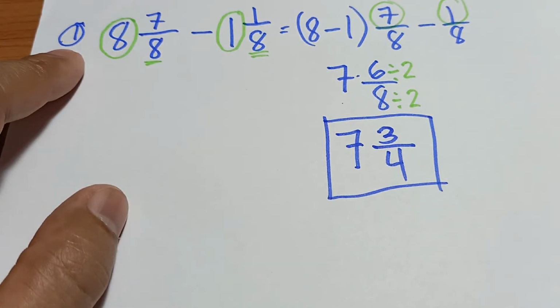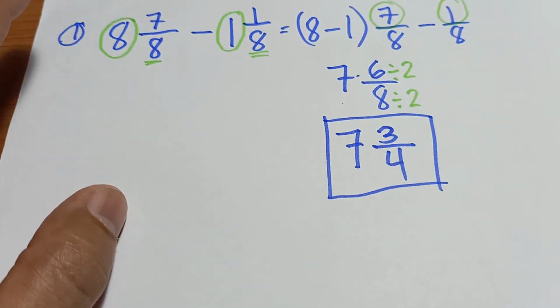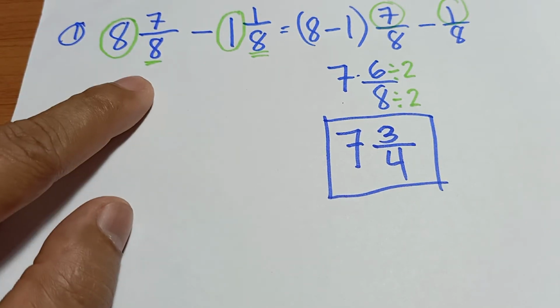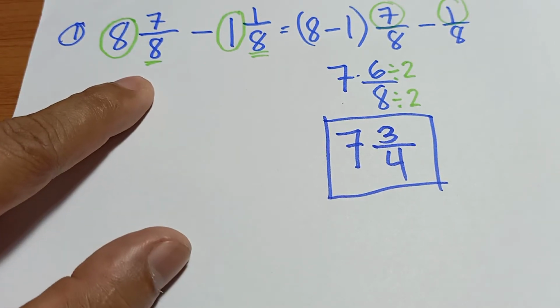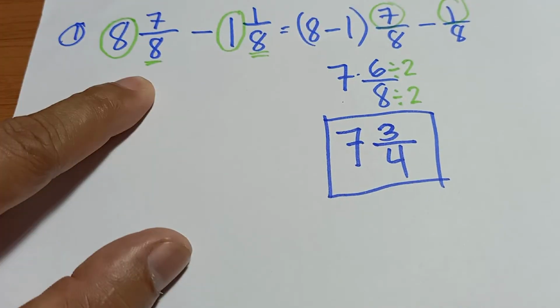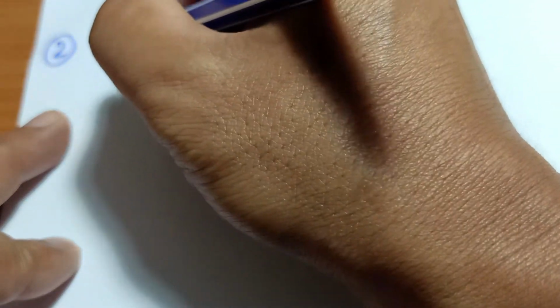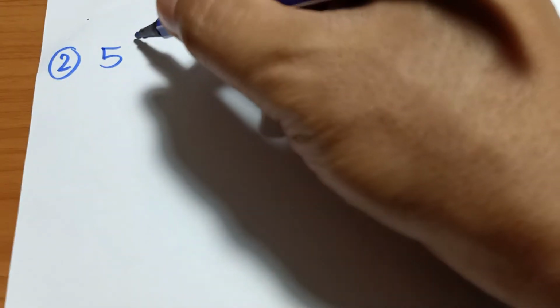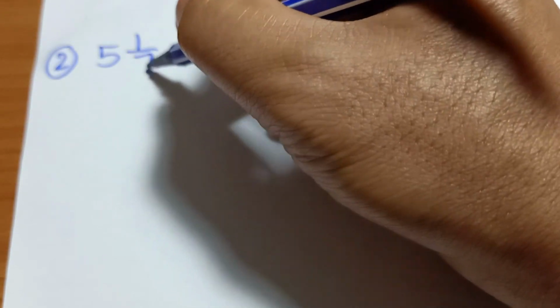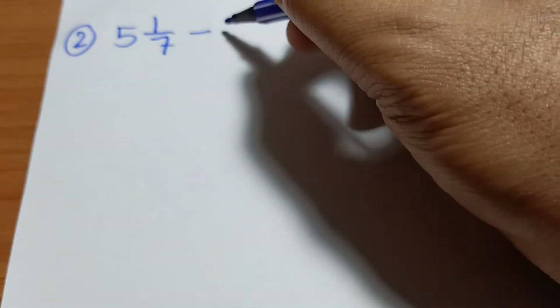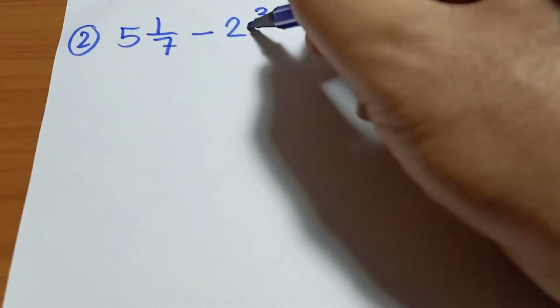However, if the denominator is different, let's find out. For example, if you have 5 and 1 over 7 minus 2 and 3 over 7.